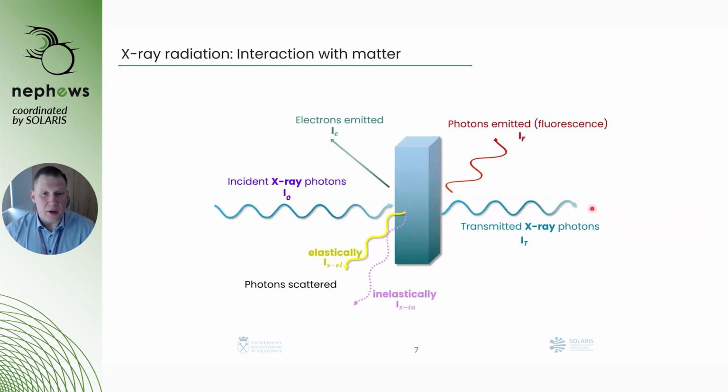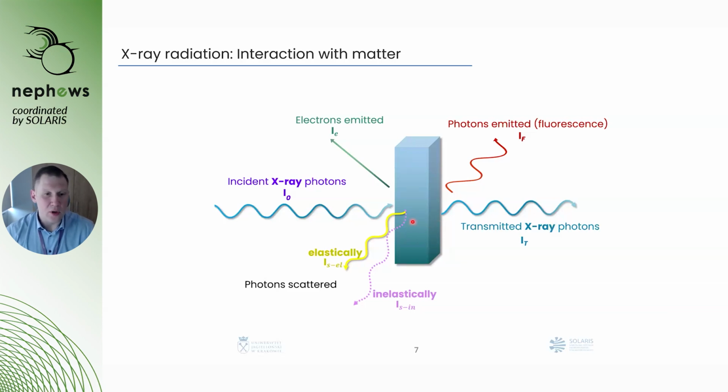And if we speak about X-ray absorption spectroscopy, we need to understand how X-rays actually interact with our sample or with our material. For example, if we have an incident X-ray beam coming to our sample, part of this beam will be transmitted through the sample, and it will be transmitted X-ray radiation.